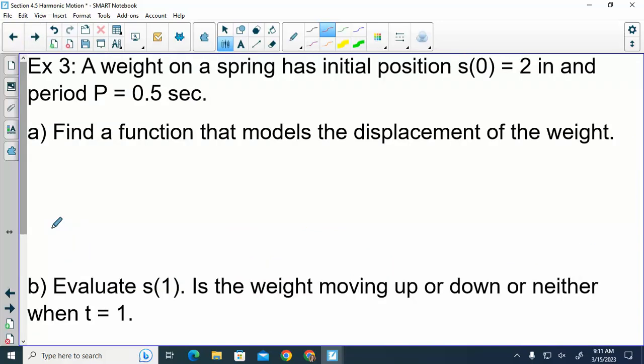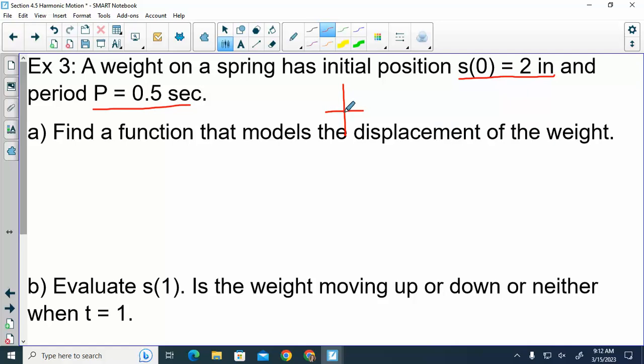Let's start it from another equation. A weight on a spring has an initial position S of 0 equals 2 and a period of 0.5 seconds. S of 0 equals 2.